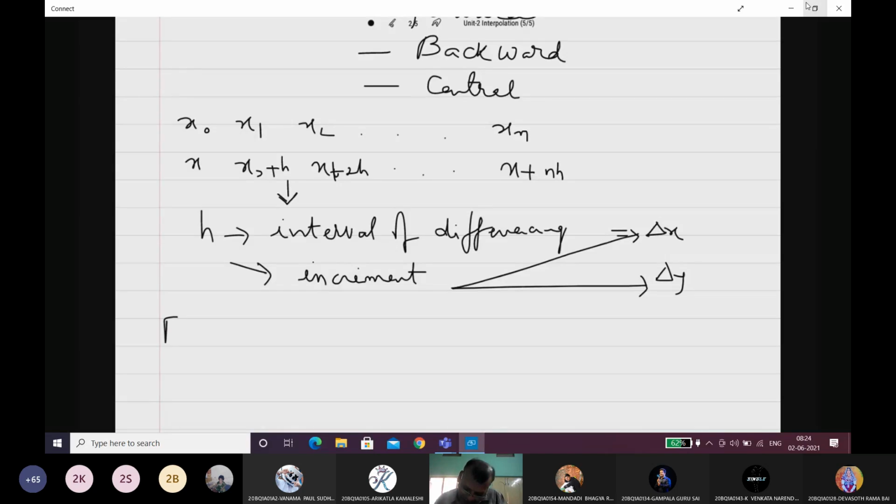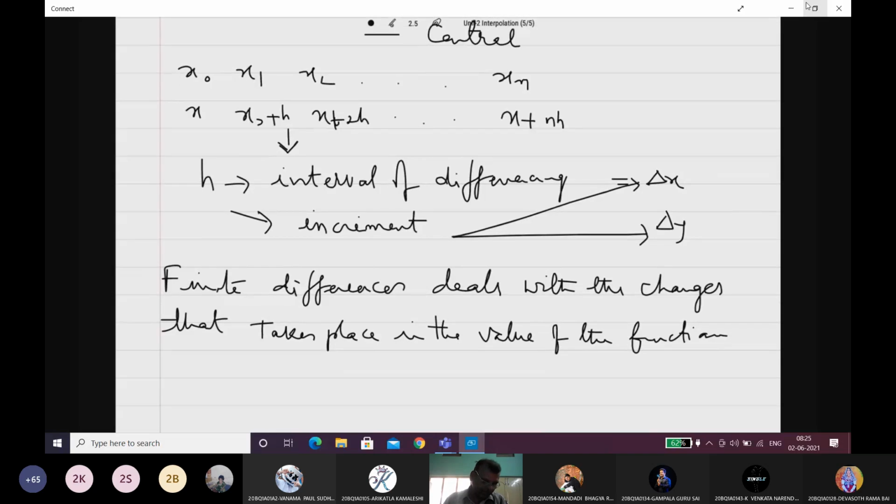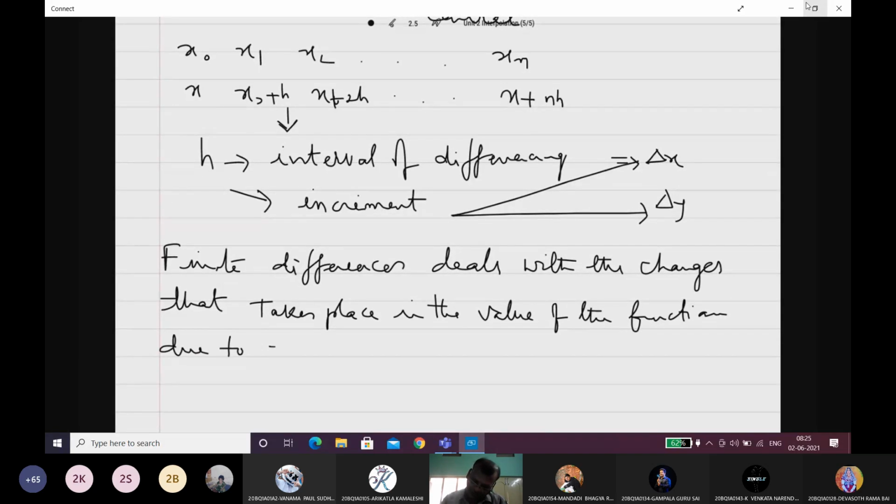Finite differences deals with the changes that take place in the value of the function due to finite changes in the independent variable, the argument.